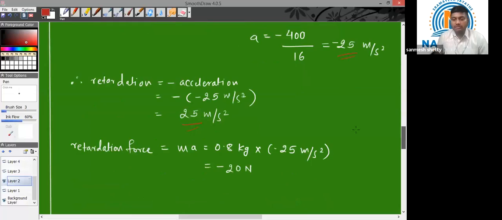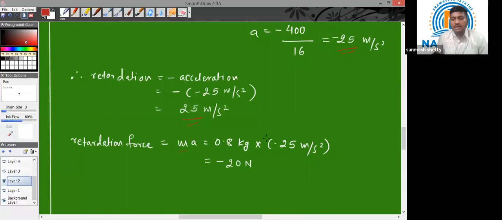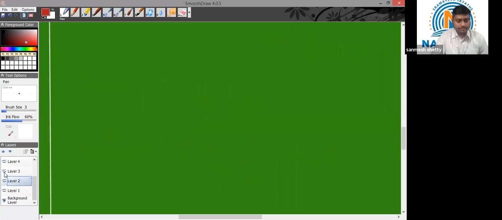We take the mass of the car and multiply it by the acceleration, which is 0.8 kg into minus 25 meter per second square. The answer comes out to be minus 20 Newton. Again, the minus sign indicates that the force on the car is in the opposite direction, to stop the car. Moving further to our next question.